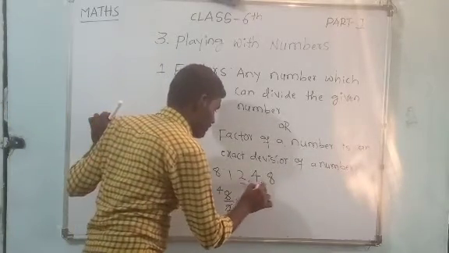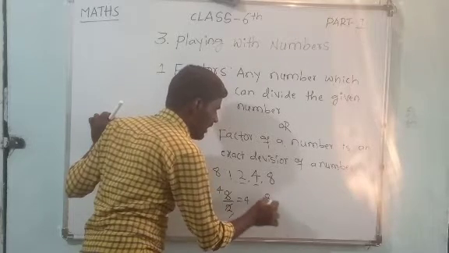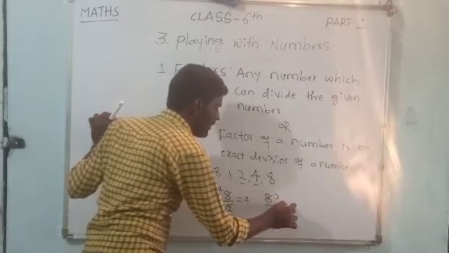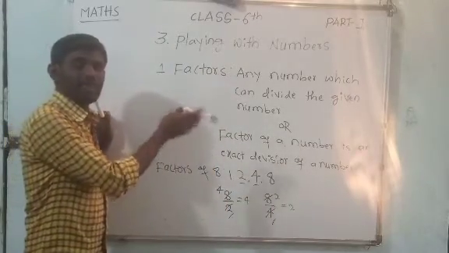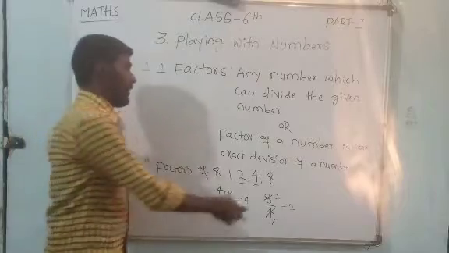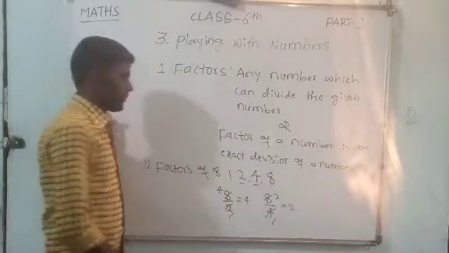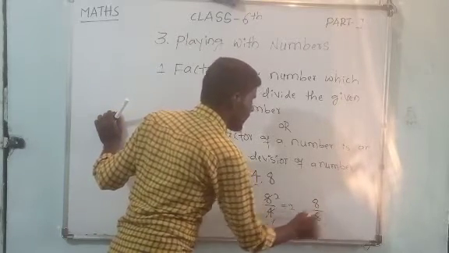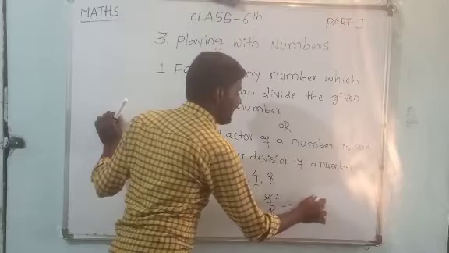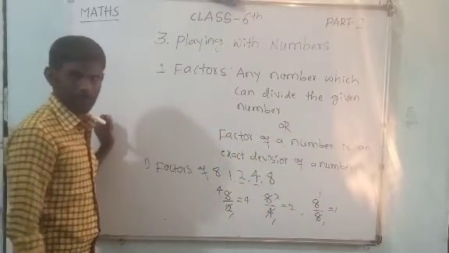Then 4: 8 by 4. 4 ones are 4, 4 twos are 8. Here 4 can divide 8 exactly; the quotient we get is 2, and the remainder is 0. Then 8 itself: 8 by 8, the quotient is 1, the remainder is 0.